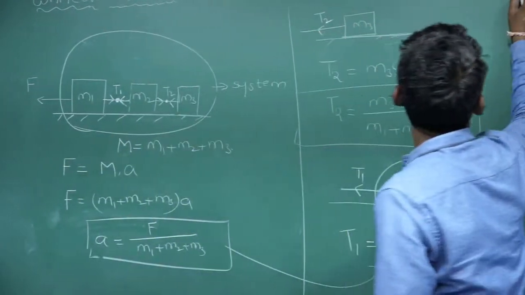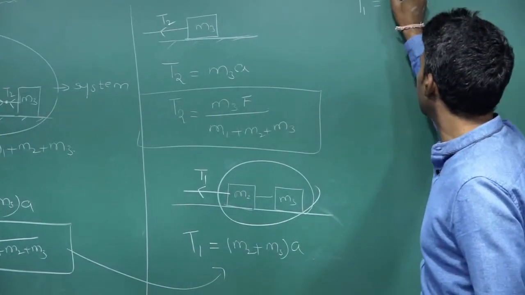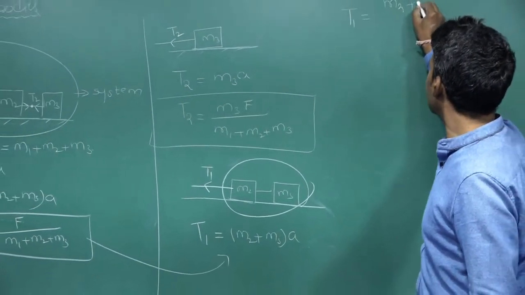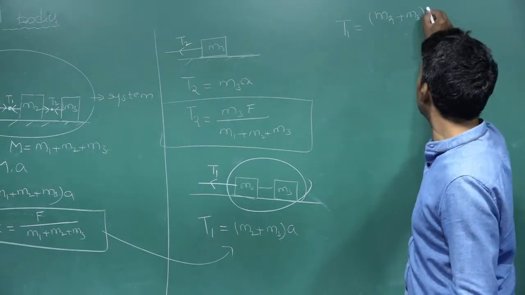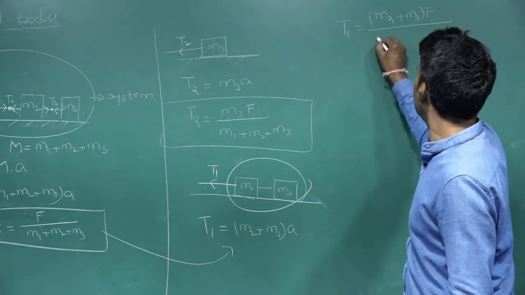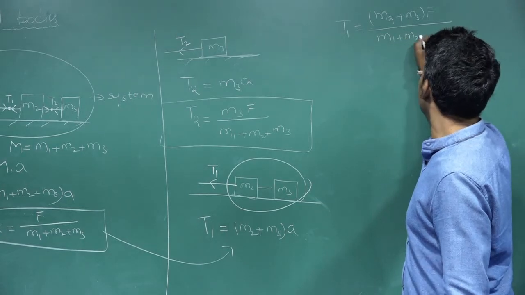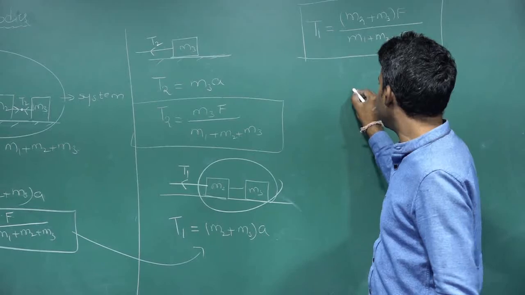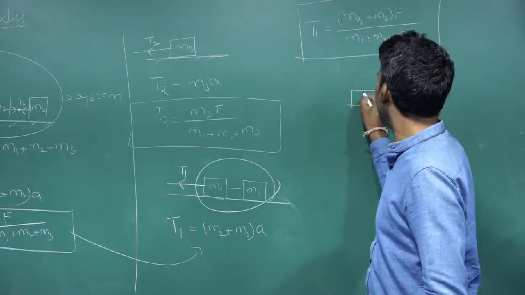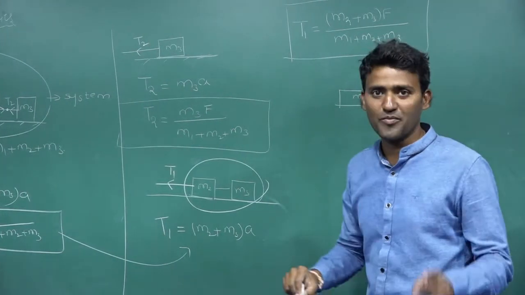So T1 is equal to M2 plus M3 into F divided by M1 plus M2 plus M3.